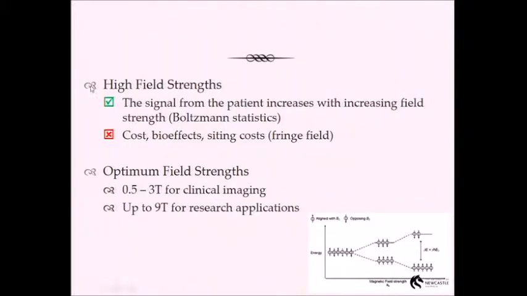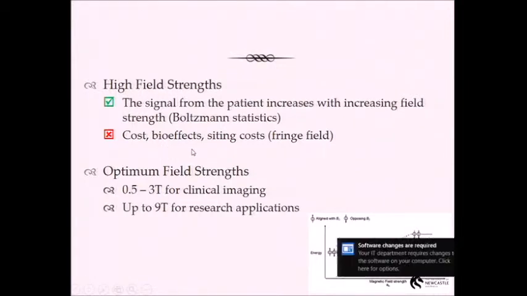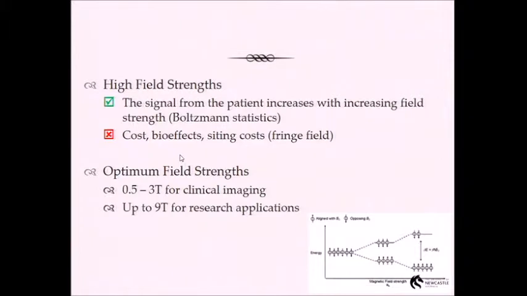Then there are bioeffects. The higher the magnetic field strength, the more intense the RF has to be, so you can have bioeffects. I've been somewhere where they have a 7 Tesla scanner, and I can tell you that nearly everyone we placed in that scanner felt something while they were in there.